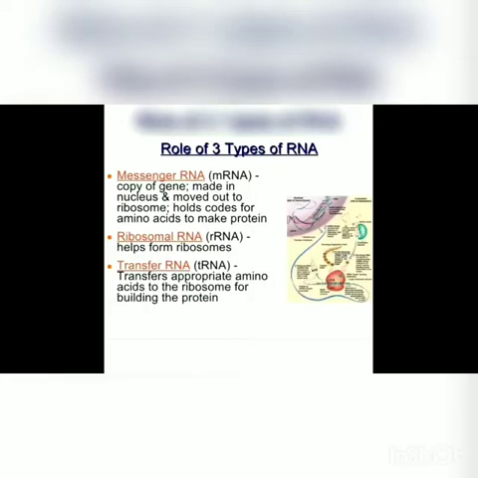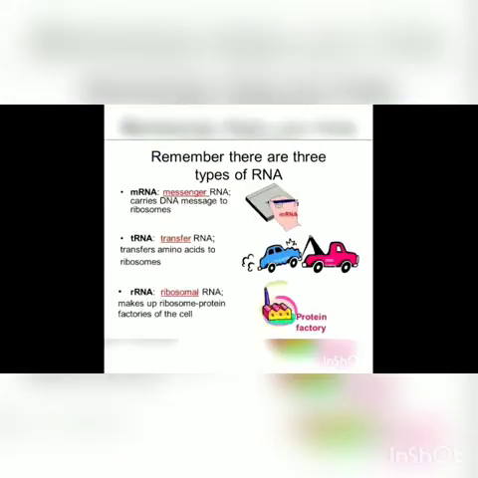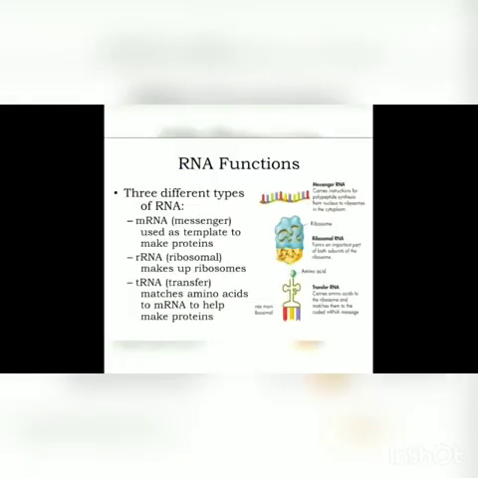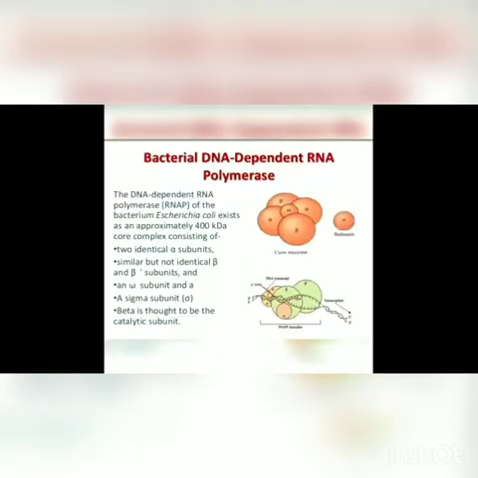The mRNA provides the template, tRNA brings amino acids and reads the genetic code, and rRNA plays a structural and catalytic role during translation. There is a single DNA-dependent RNA polymerase that catalyzes transcription of all types of RNA.